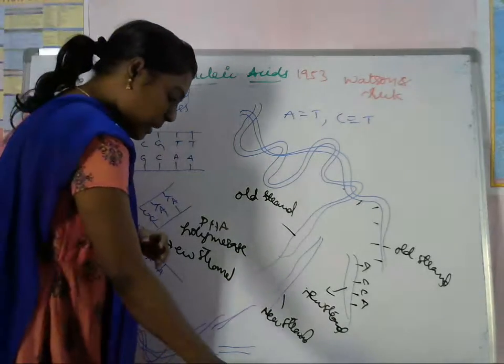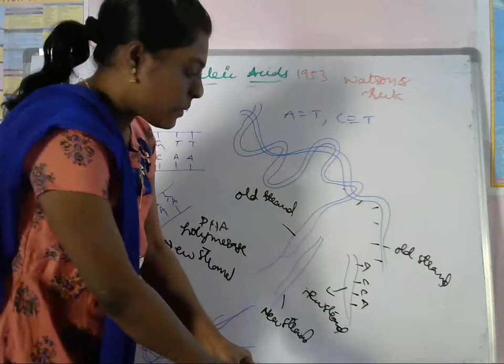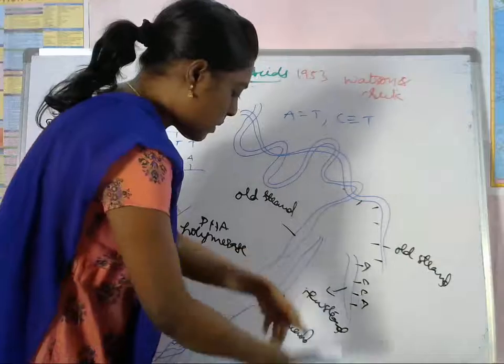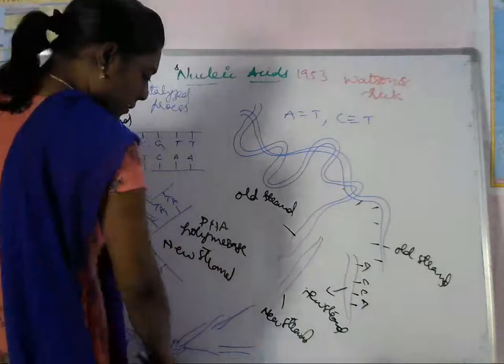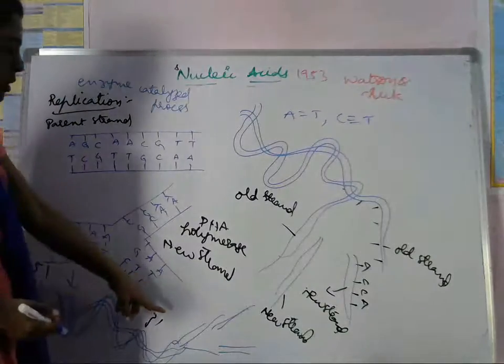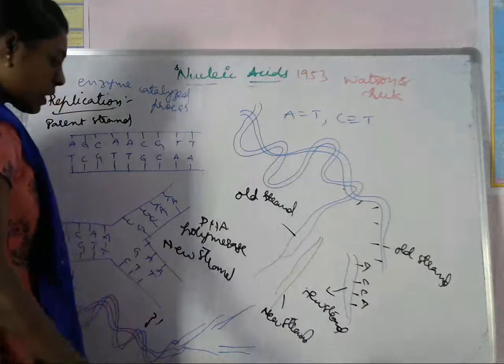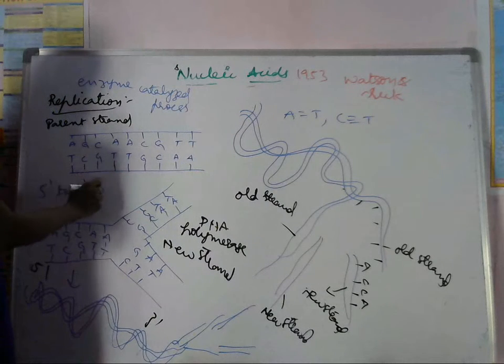Okay, so it's complex and involves many steps. Here the 5' mononucleotide and the free 3' hydroxyl groups will be present. Both new strands are in 5' to 3' directions.